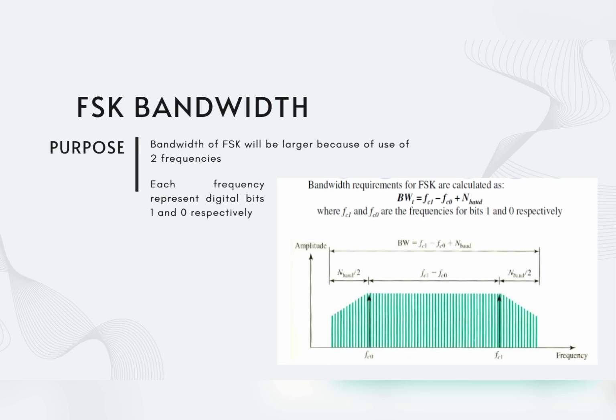The bandwidth is the difference between carrier frequency 1 and carrier frequency 0, plus the N baud. So the bandwidth will be larger because it uses two frequencies to represent the input bits 1 and 0.